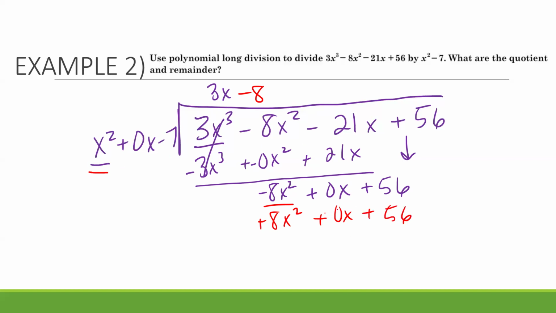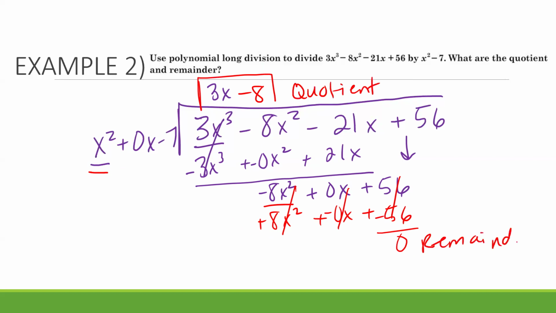When we change the signs, what happens here? So the remainder is 0. So this is my quotient, and 0 is my remainder. This is going to have significant importance, what it means when 0 is a remainder, in part B. But for right now, we have to make sure we can do this. Okay? Yes?